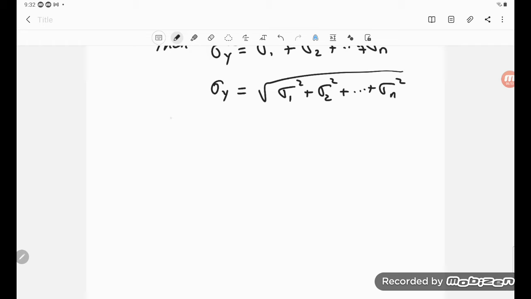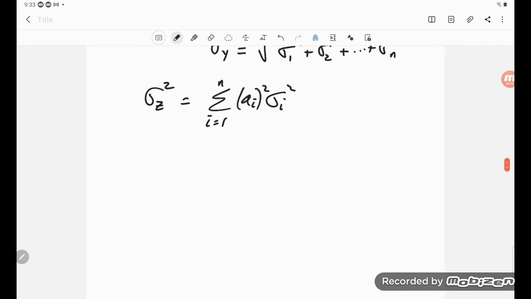with the coefficients, if you want the variance of z, where we had those, that's going to be the sum i equals 1 to n of the ai squared, very important, sigma i squared. Okay, but that's very important.